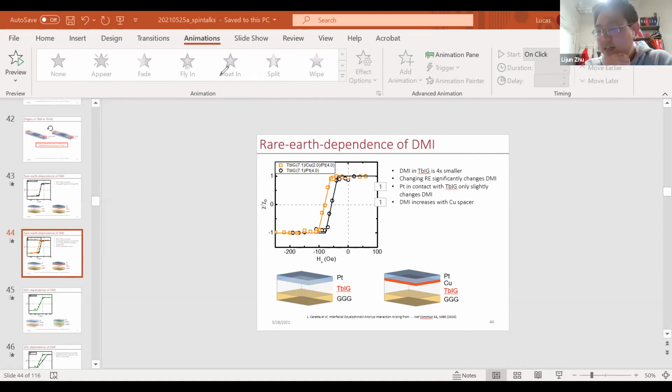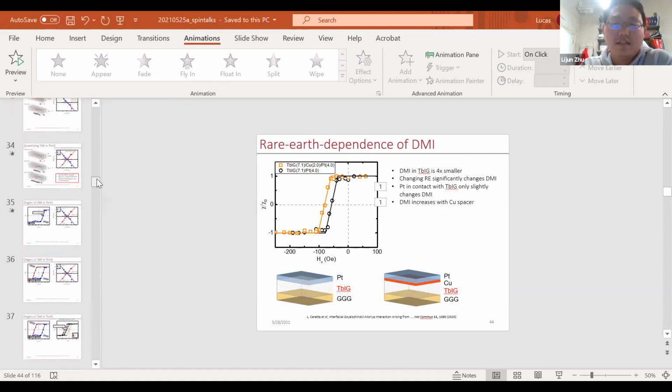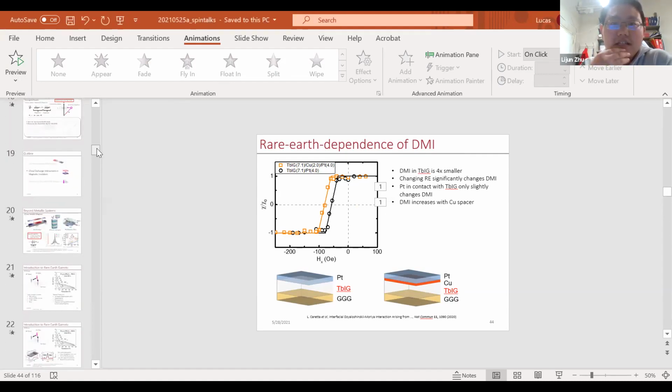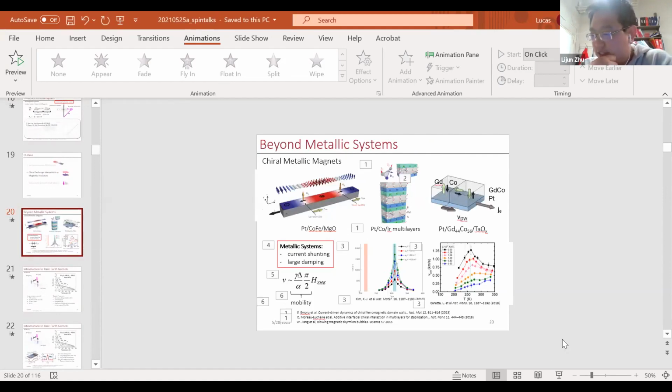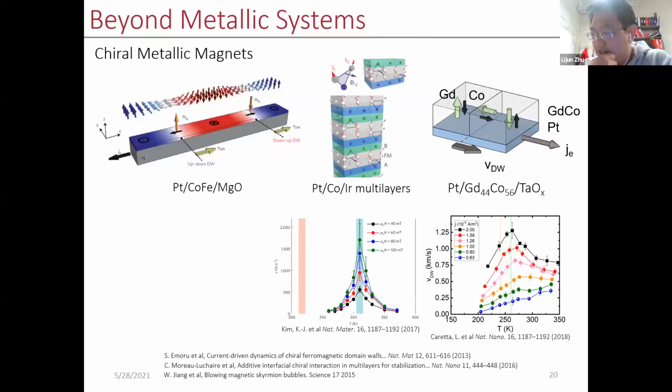Okay, thank you. My second question is, I actually saw papers that show in a metallic ferromagnetic system a very high domain velocity. I think damping in that system should be high, right?